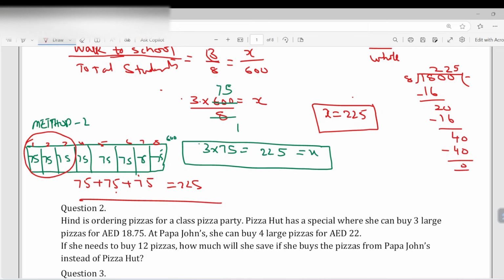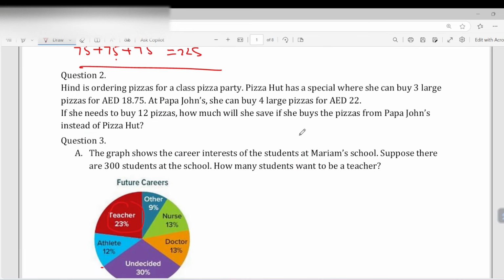Next problem. Question number 2. Let's go for question number 2. What it says: Hind is ordering pizza for a class pizza party. There are two companies, Pizza Hut and Papa John's. Pizza Hut has a special where she has to buy 3 large pizzas for 18.75 AED.